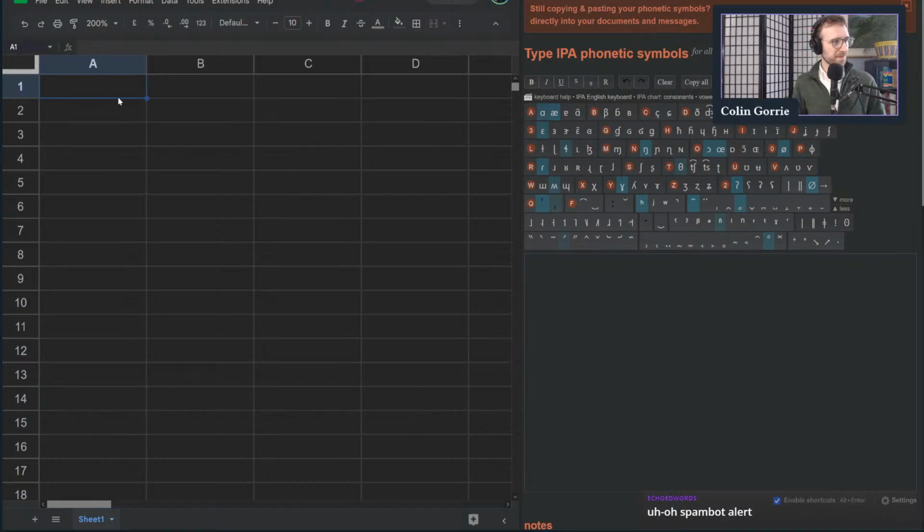All right. So our first step is to try and come to grips with what sort of sounds this language uses. And for this, we need our trusty IPA keyboard.